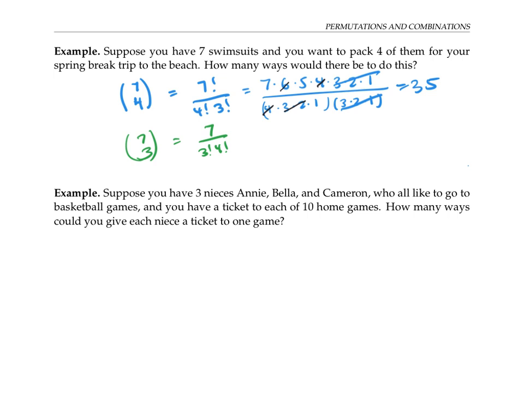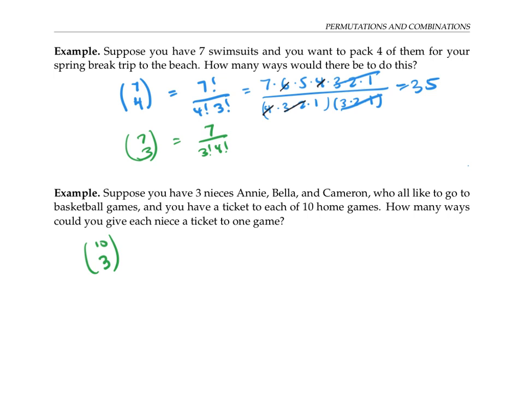So what I mean by that is one niece gets a ticket to one game, the next niece gets a ticket to another game, and the third niece gets a ticket to some third game. If we just wanted to pick 3 games out of 10 to give tickets for, that would be a combination.